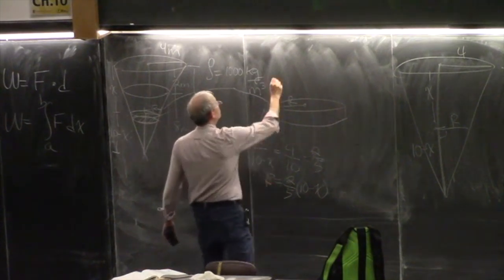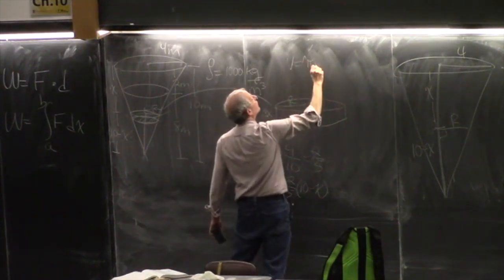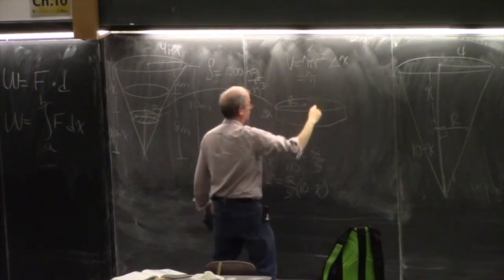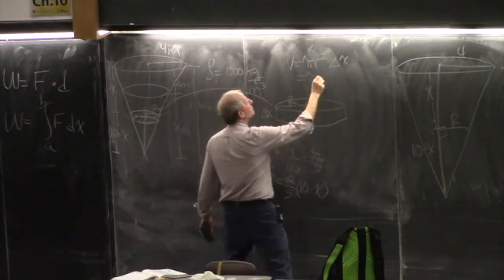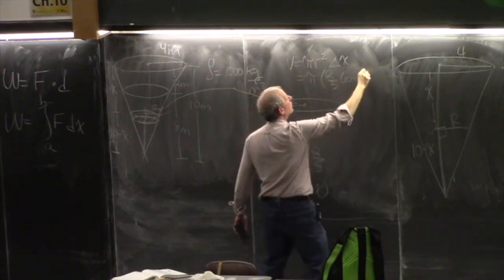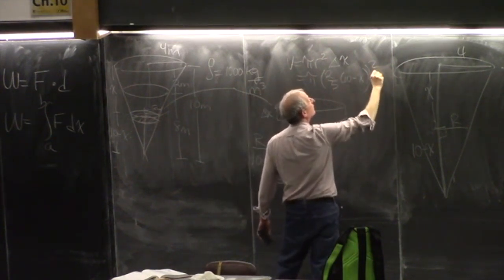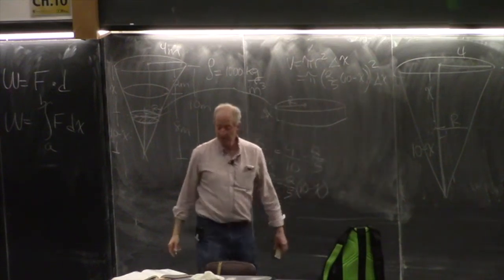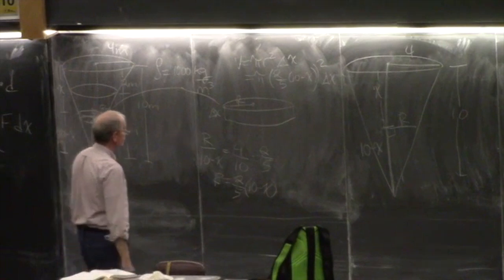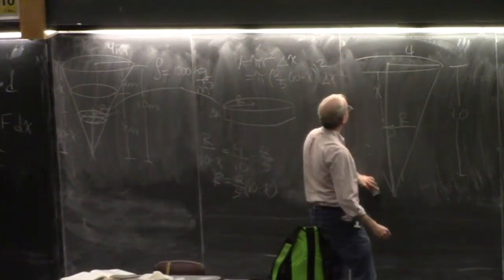Okay, so the volume will be pi r squared delta x. So it'll be pi times 2/5 of 10 minus x, squared, delta x. I'm going to erase this big cone here because we'll keep this.